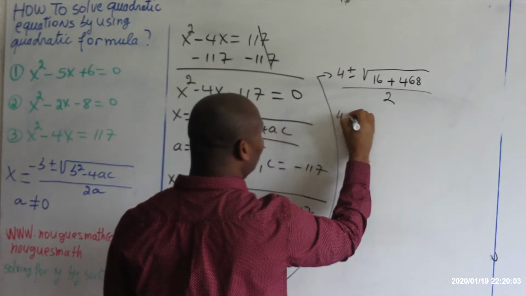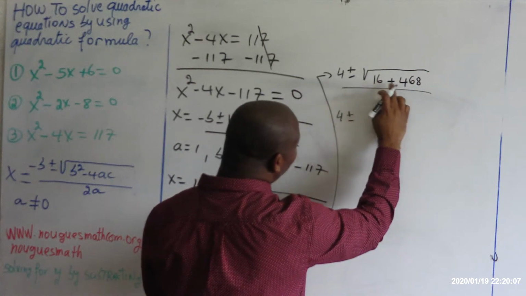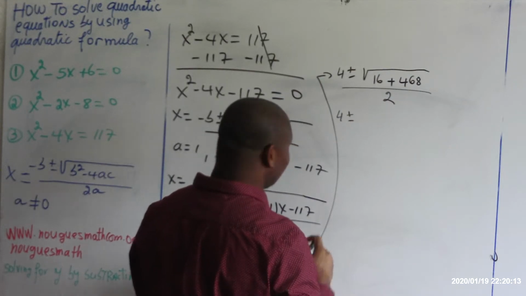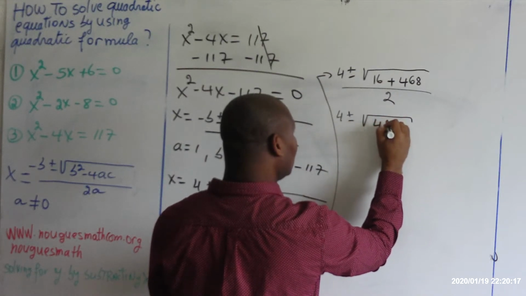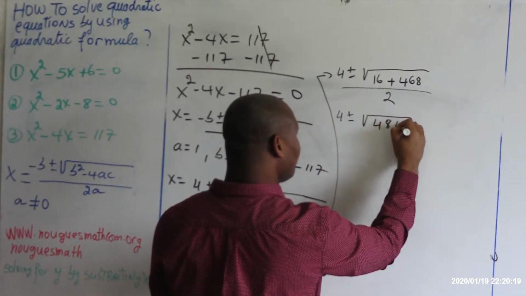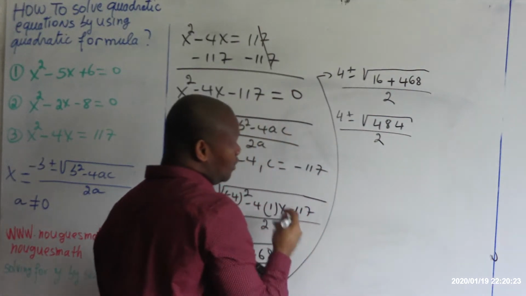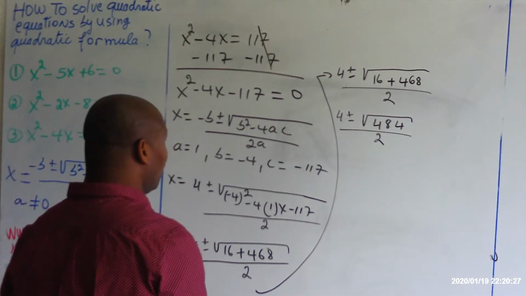So now we have to do 16 plus 68. That's going to be 84 over 2a. So now let's take the square root.